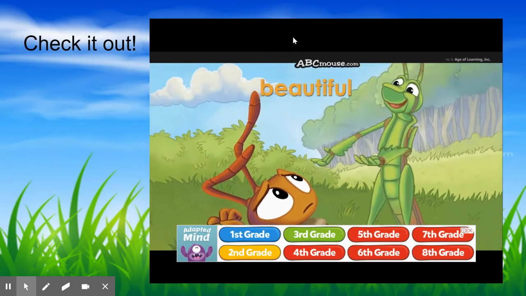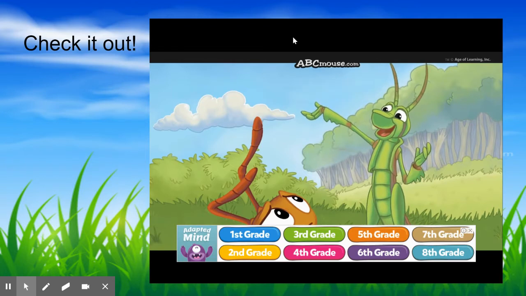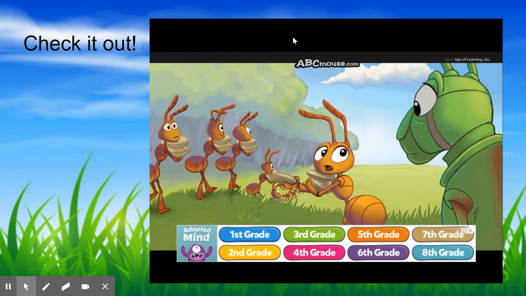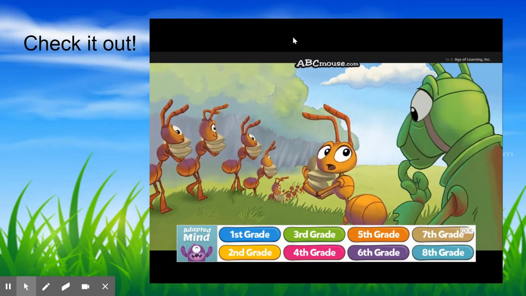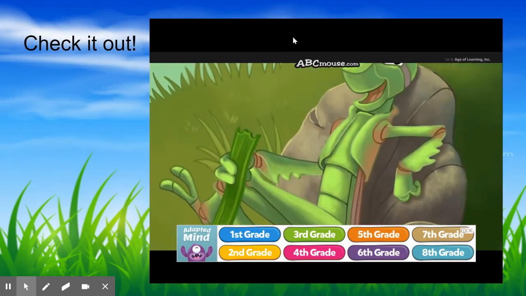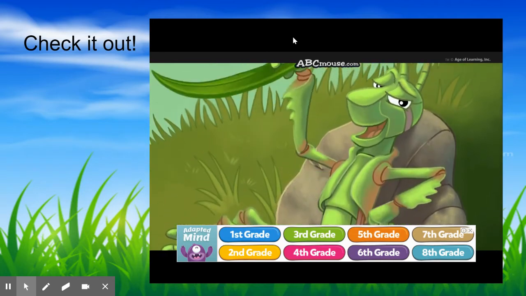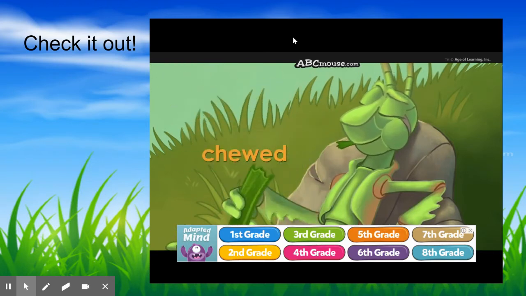"But it's such a beautiful day," said the grasshopper. "Come and have fun with me." "No," said the ant. "I think you should come work with us. It's going to be a long winter with lots of snow. You had better start storing your food now." "Why worry about the winter? It's only spring, and there is lots of food everywhere," said the grasshopper as he chewed on a large blade of grass.